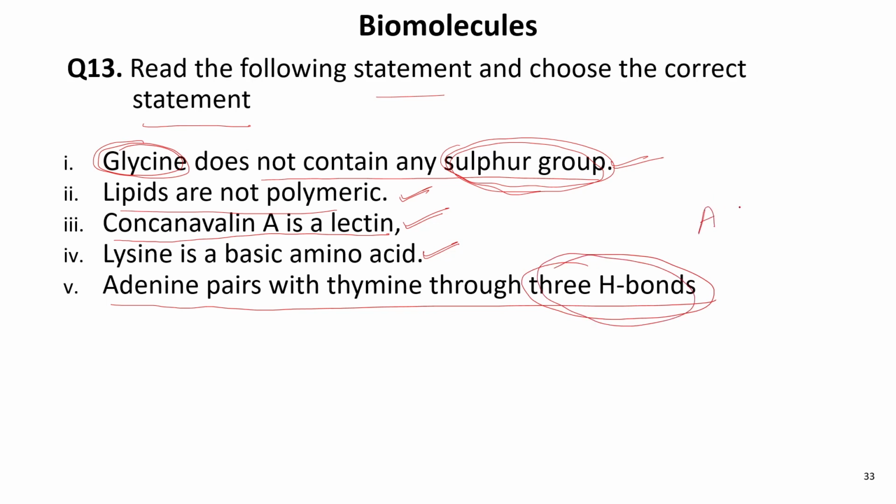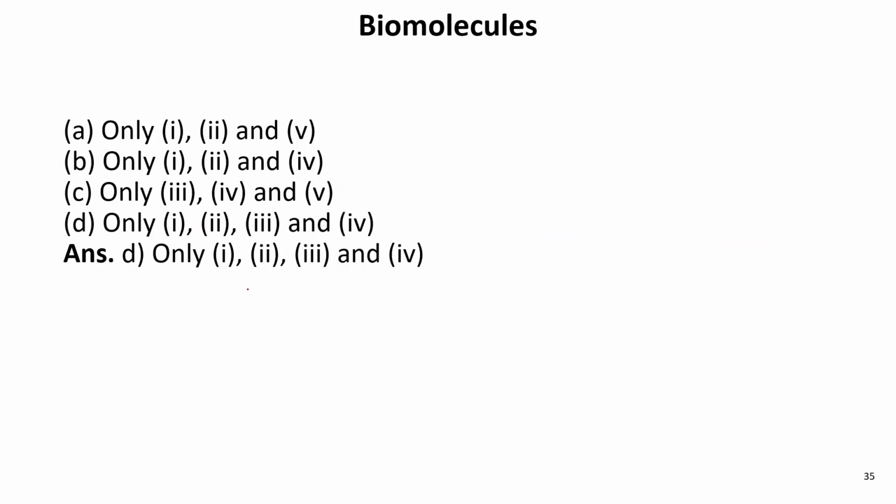Adenine pairs with thymine with always 2 hydrogen bonds, not with 3 hydrogen bonds. Guanine pairs with cytosine with 3 hydrogen bonds. So this statement is incorrect, but these statements 1, 2, 3 and 4 are correct. So only 1, 2, 3 and 4 are correct statements.